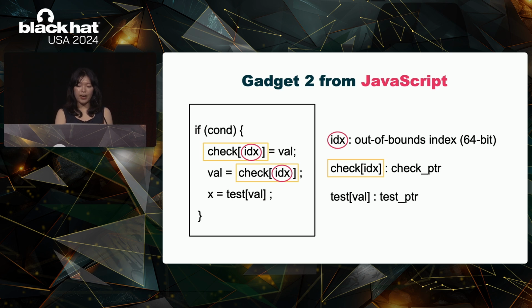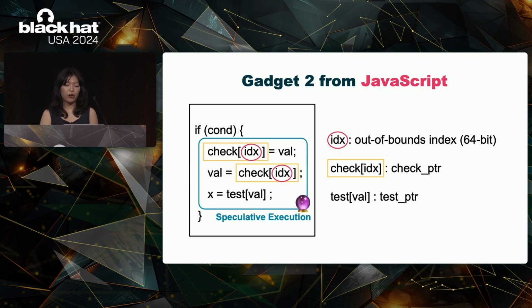Of course, V8 would detect this out-of-bounds array access and raise an error in a normal execution. But if you wrap this access in an if statement and trigger a speculative execution, V8 would not raise an error. But the CPU actually accesses an out-of-bounds address in the speculative execution.